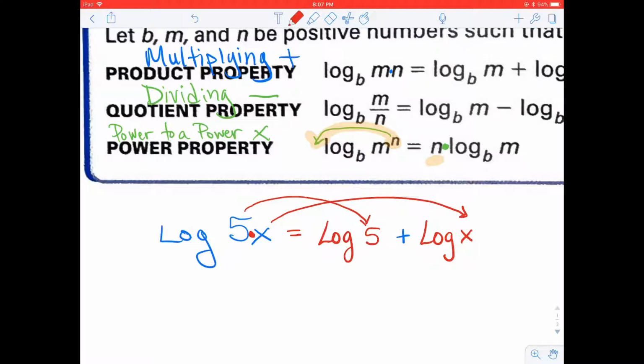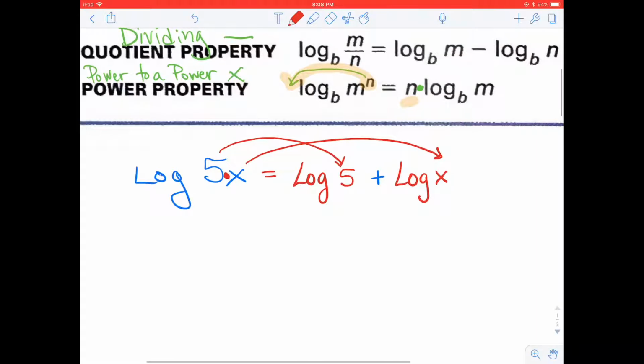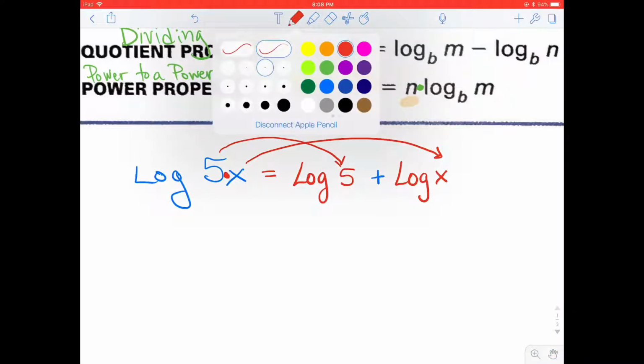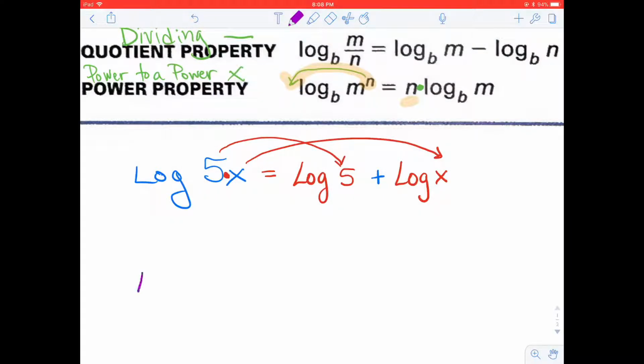Now I'll show an example with division. Give you a second to write that down, make sure you have it. And we have the log base 5 of 1/4.